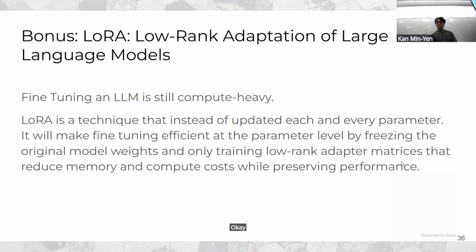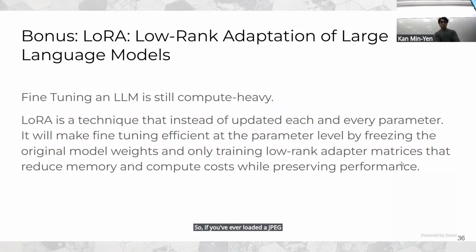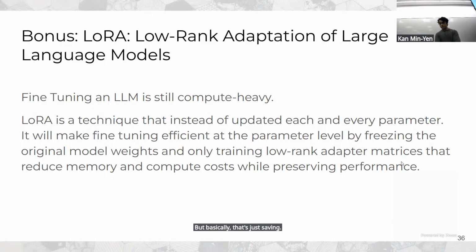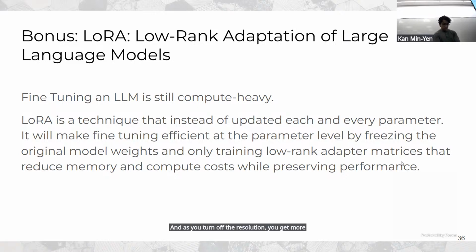Okay, so in many ways, it's very similar to JPEG compression if you think about it. If you've ever loaded a JPEG and you turn down the resolution very low, it gets very pixelated. Basically, that's just saving a small amount of information for the average color in, let's say, an 8x8 pixel grid, and as you turn up the resolution, you get finer details.